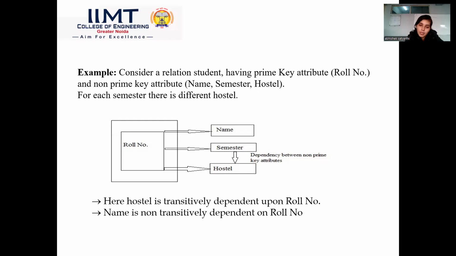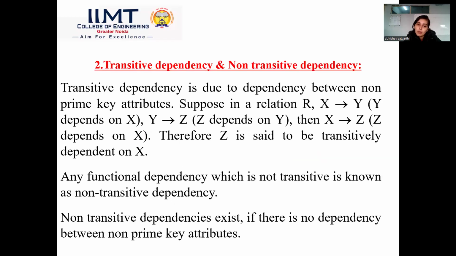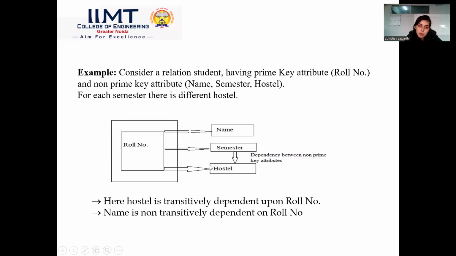As we already know, from non-prime to non-prime there is a transitive dependency. So because of this semester to hostel dependency, a transitive dependency exists, since roll number indirectly derives hostel here. And name is non-transitively dependent on roll number, because roll number is a key, a prime attribute, and name is a non-prime attribute. Since prime derives non-prime, there is a non-transitive dependency here.